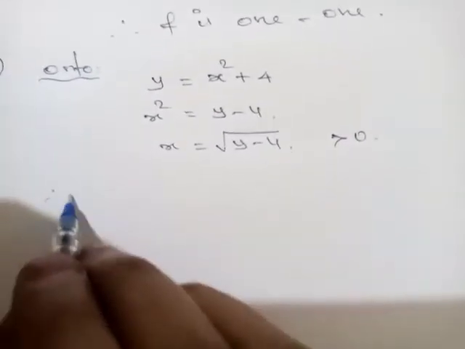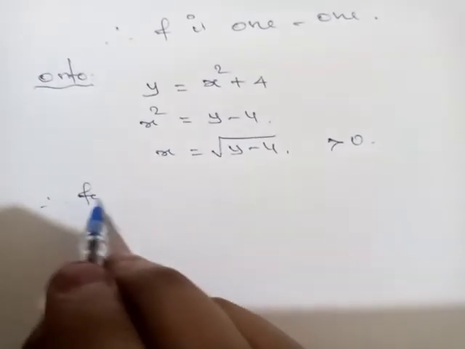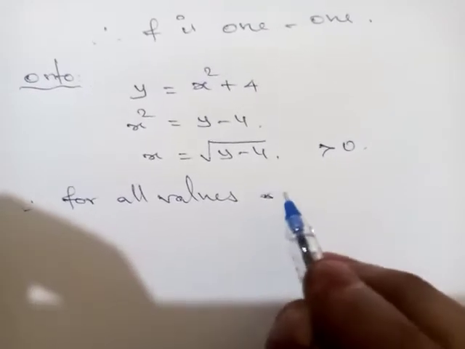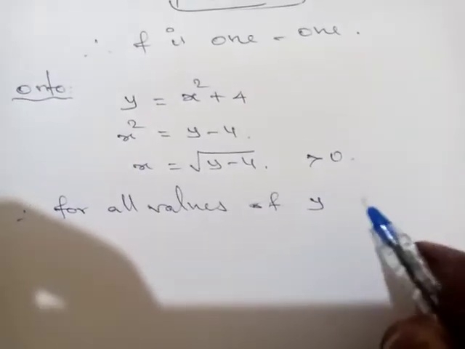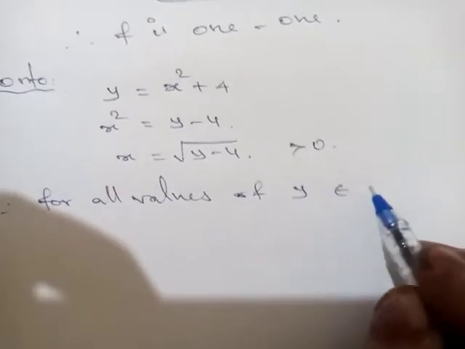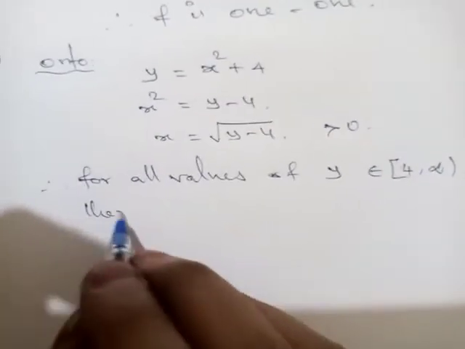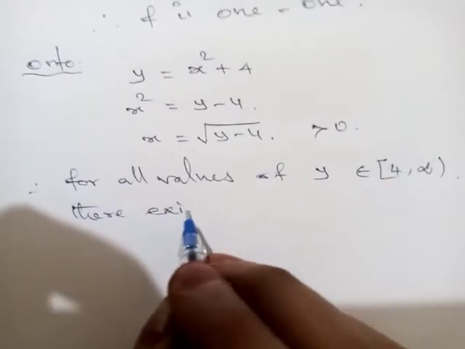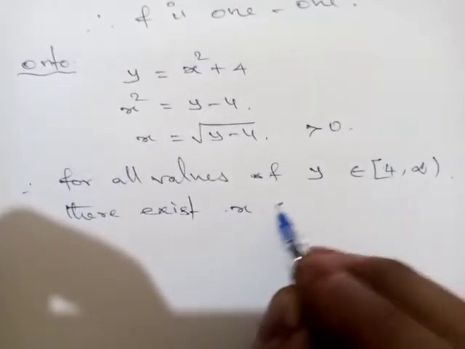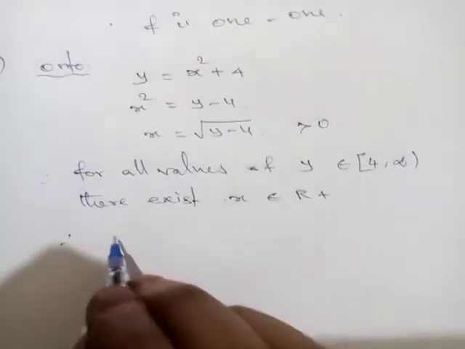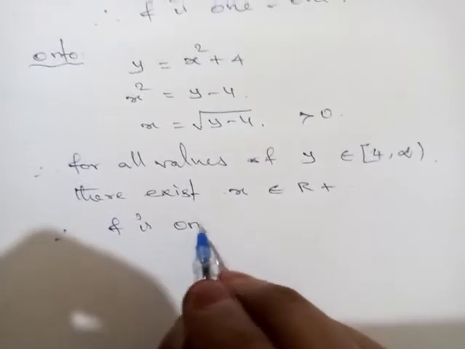So definitely this value is greater than 0. So therefore we can say, for all values of y that belongs to [4, infinity), there exists x belongs to R+.